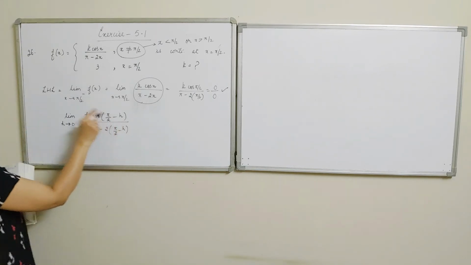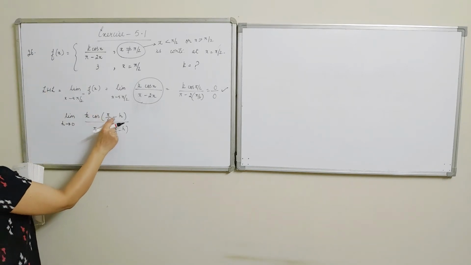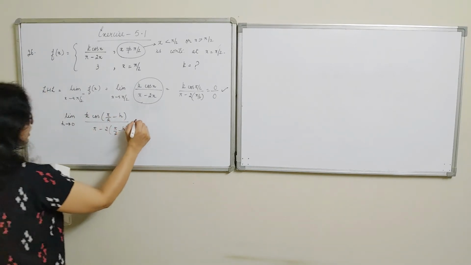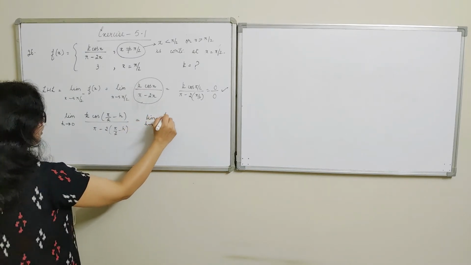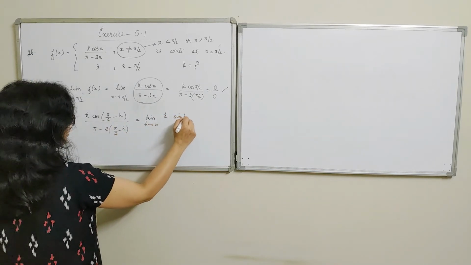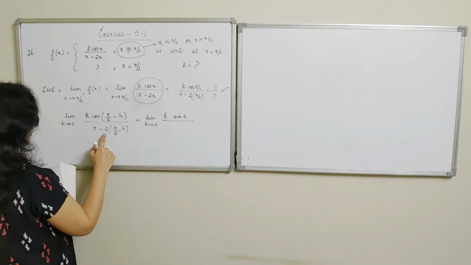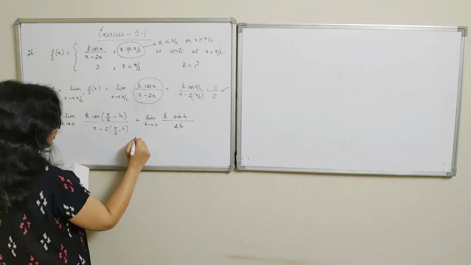Why minus h? Because we are finding the LHL. If we were finding the RHL, we would have written pi by 2 plus h. So this can be simplified. Cos of pi by 2 minus h is sin h. Simplifying the denominator, pi and pi get cancelled and we have 2h here.